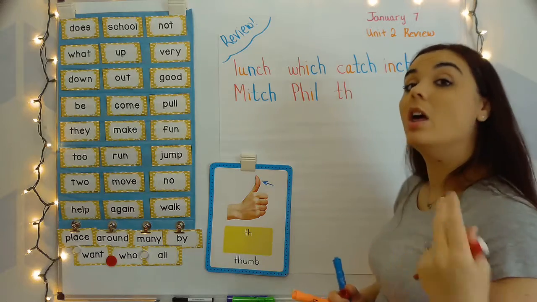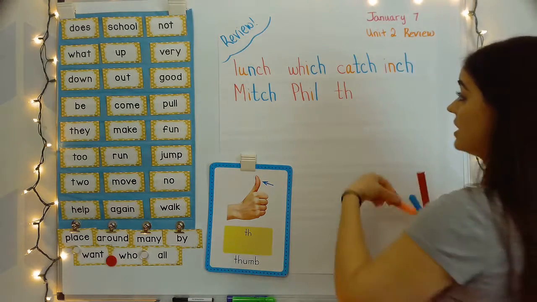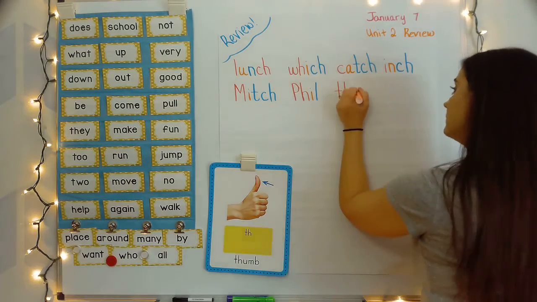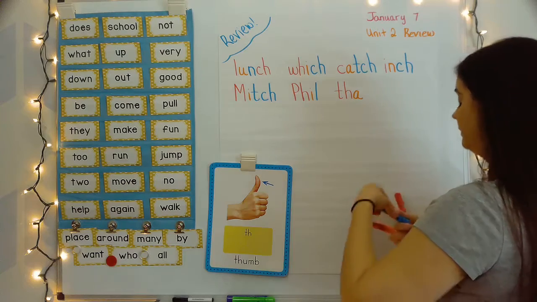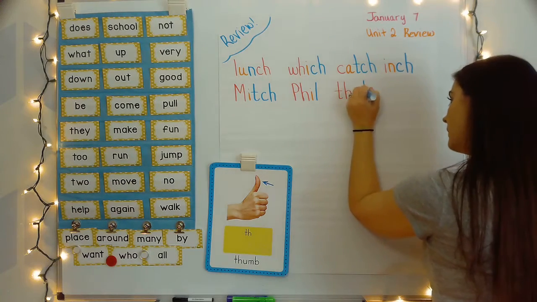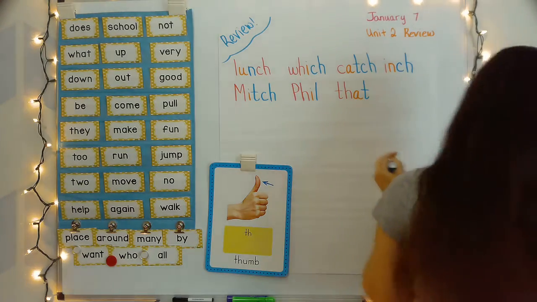You only hear th, like thumb. Okay. TH says th. A says a. T says ta. At. That.